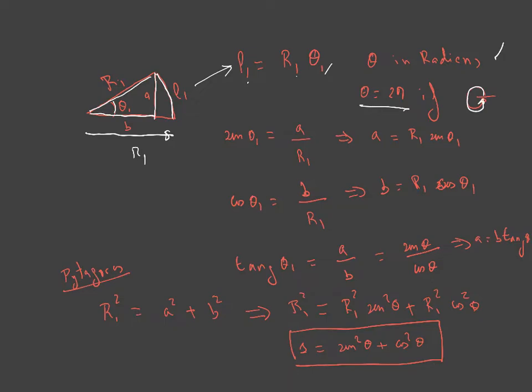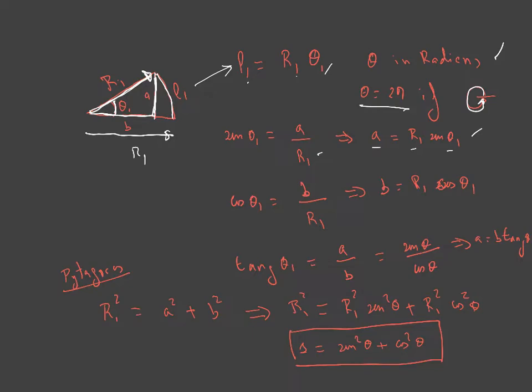We want the definition of sine of theta, cosine of theta, and tangent of theta. The sine of theta is A, the length opposite to the angle in the triangle, divided by R1. So A is R1 times sine of theta 1, of course. The cosine of theta is B divided by R1.